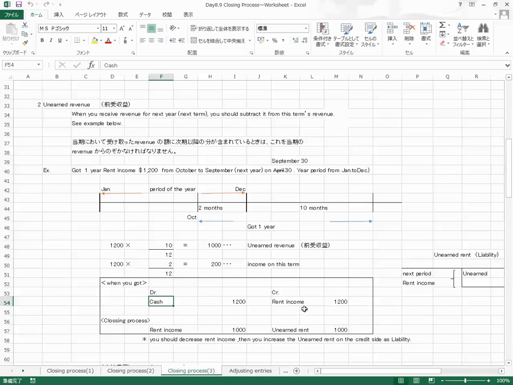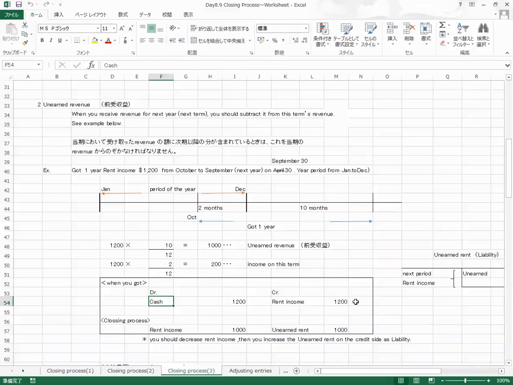That is 1 year of income. Then, in the closing process, you divide 10 months to the next term. You should decrease rent income. Rent income is on the credit side.